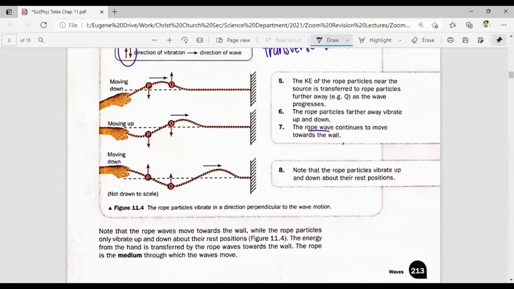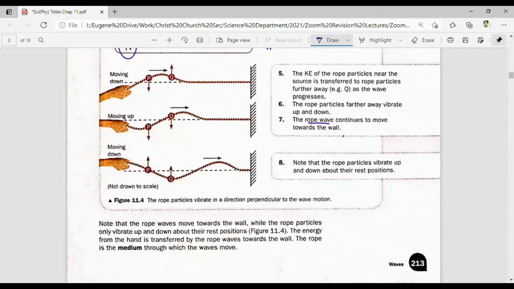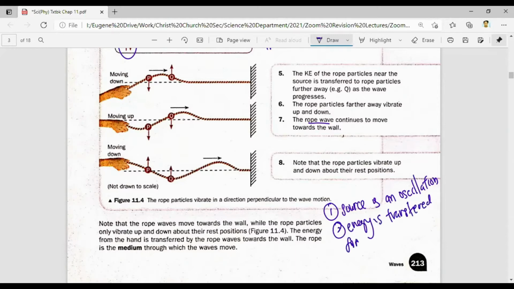So what can we say about this whole example? First, the source is an oscillation, which is the hand moving up and down. Secondly, we can see that the energy is transferred from one place to another.